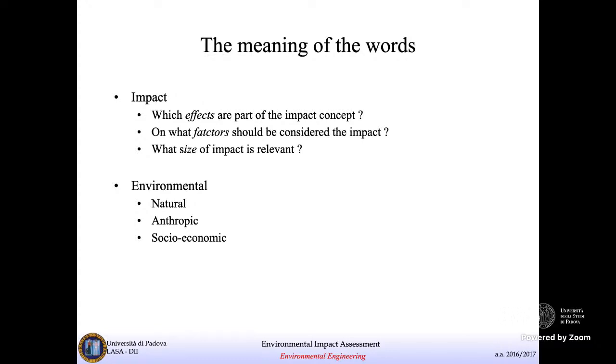As I already anticipated, the environmental impact assessment procedure is carried out by a team of multidisciplinary scientists, each expert in a very specific subject. The effort is to put together all these different pieces of knowledge with very different languages.